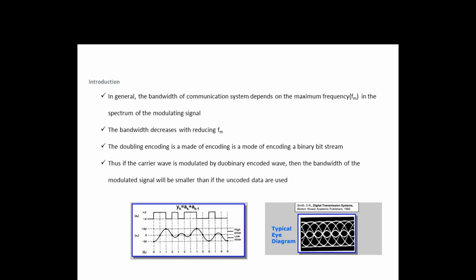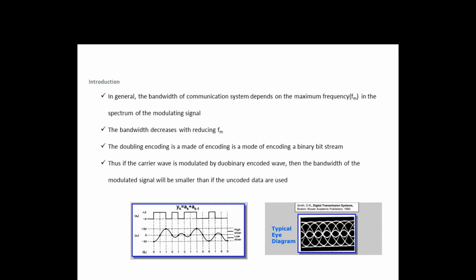Next, we have duobinary encoding. In general, the bandwidth of a communication system depends on the maximum frequency fm in the spectrum of the modulating signal. The bandwidth decreases with reducing fm. Duobinary encoding is a mode of encoding a binary bit stream.